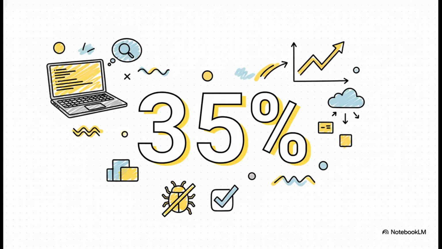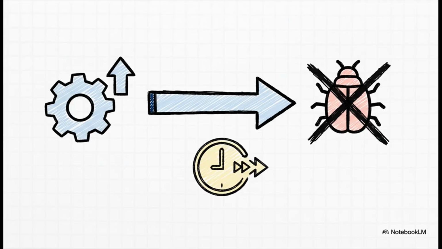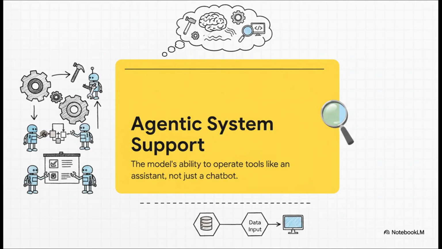But for developers, this is the number that really matters. We're talking a 35% jump in coding accuracy. Look at what that means in practice. It's correctly solving way more real GitHub issues on the first try. Bottom line, that means you're spending less time on manual fixes and shipping code faster. Simple as that. Now, 3 Pro is more than just a better coder. It's built to be an agent, a true assistant.